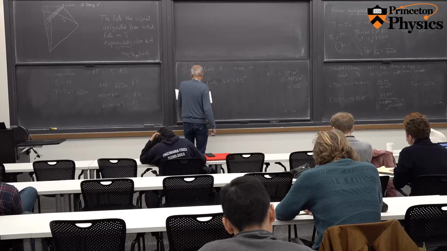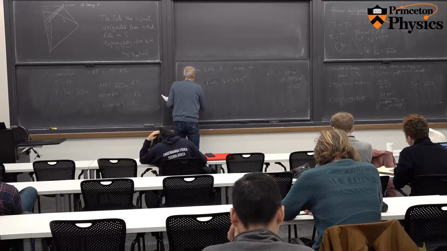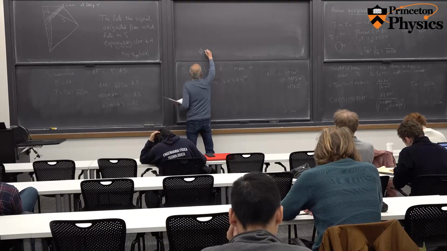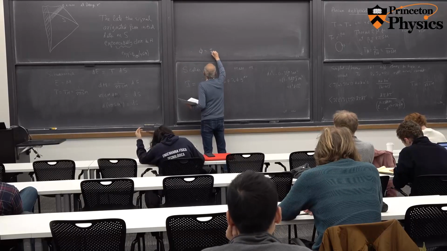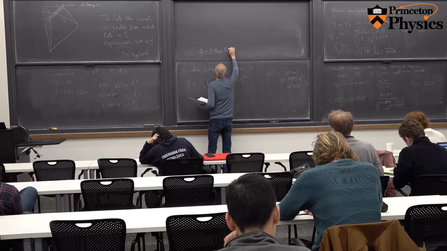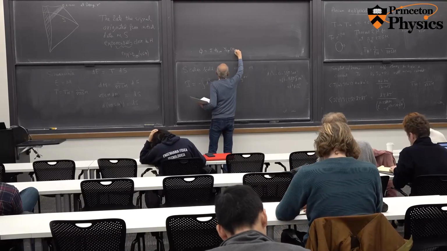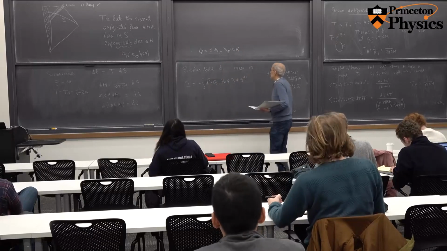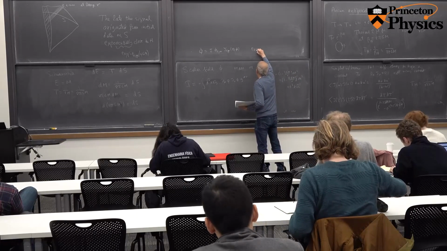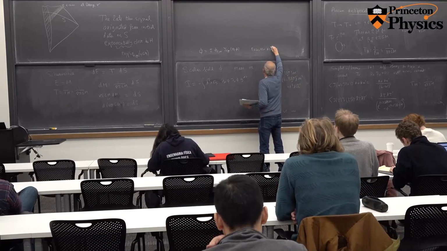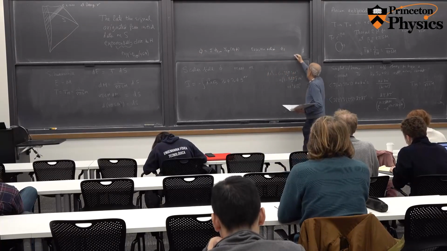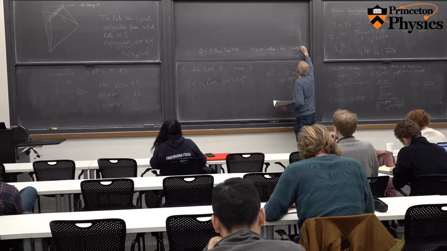So I'll write this. Then we expand phi as a sum of phi_Lm times Y_Lm. And the effective action only depends on L. It's independent of m by rotation invariance.